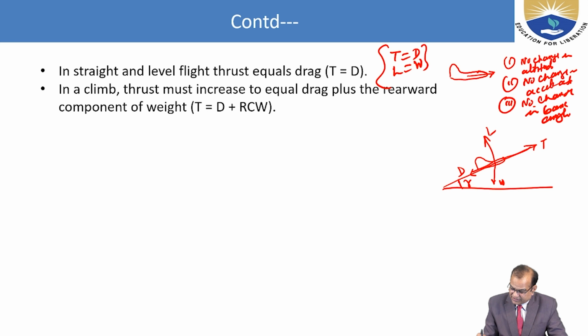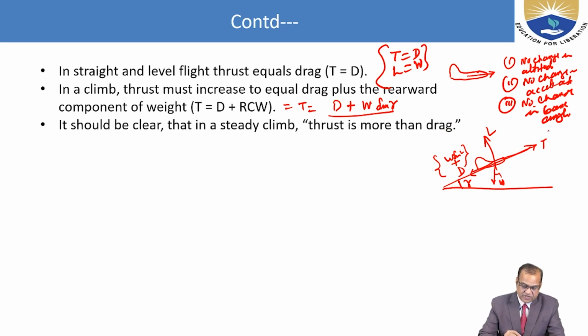So thrust will be D plus W sine gamma, because one component, W sine gamma, will be adding to the D, and this has to be countered by the thrust. It should be clear that in a steady climb, thrust is more than the drag. So T is greater than drag, and by how much? By W sine gamma.